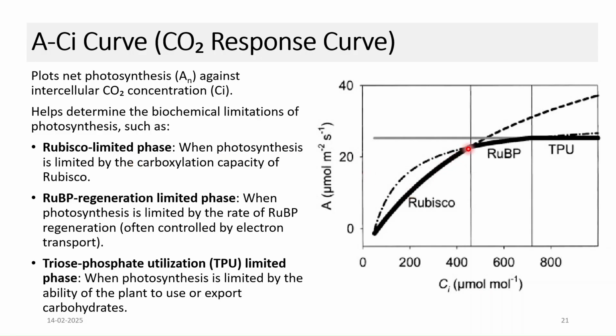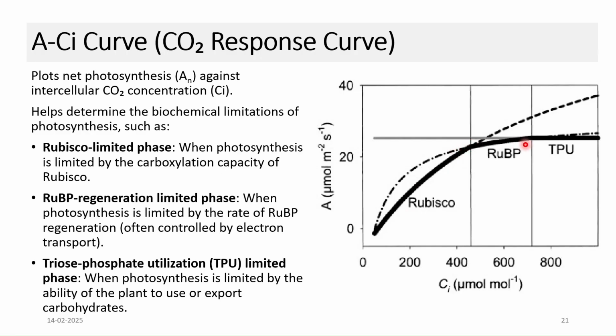Until here, the Rubisco limited photosynthetic rate is the limiting factor because it has the least of the three photosynthetic rate values. TPU limited is high, RUBP regeneration limited is also high, Rubisco is the least.